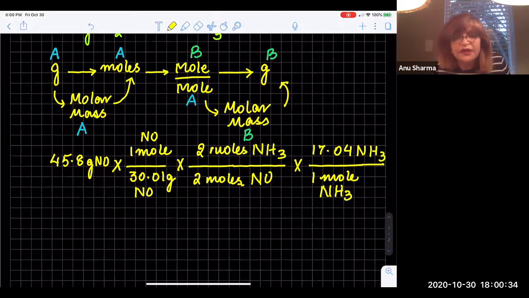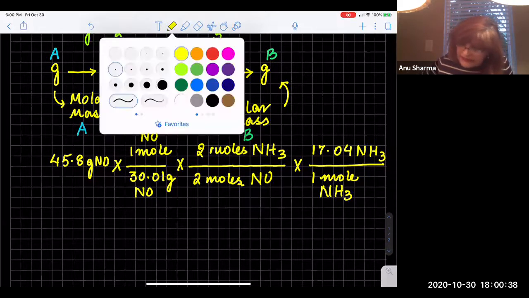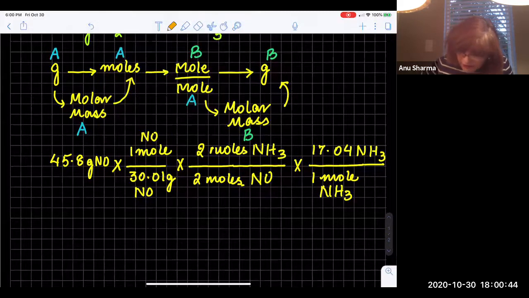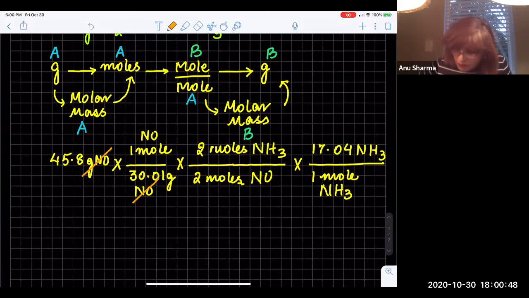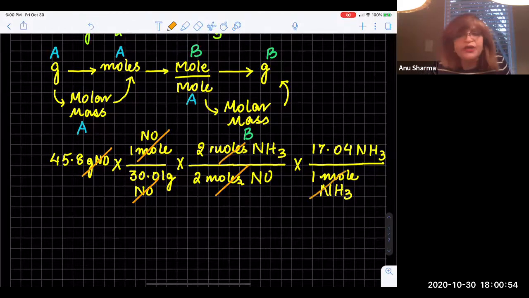Molar mass is something you need to calculate on the side on your own. So next you are going to cancel out. Grams of nitric oxide and grams of nitric oxide cancel out. Moles of nitric oxide cancel out. The moles of ammonia cancel out.